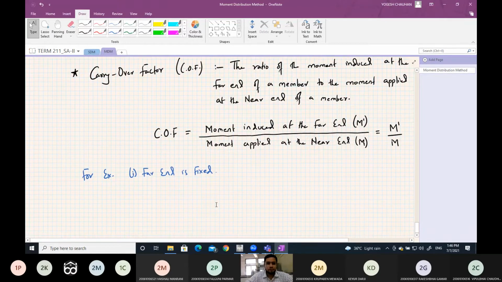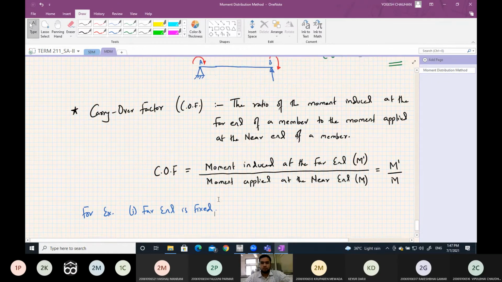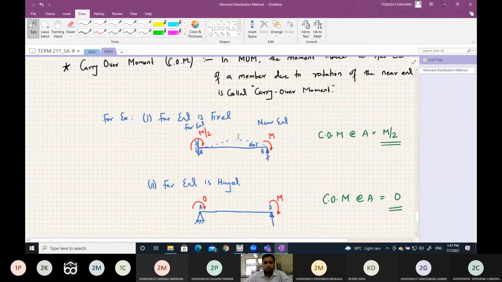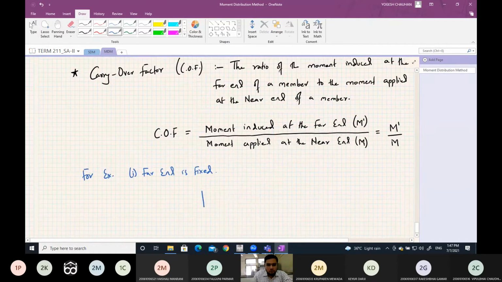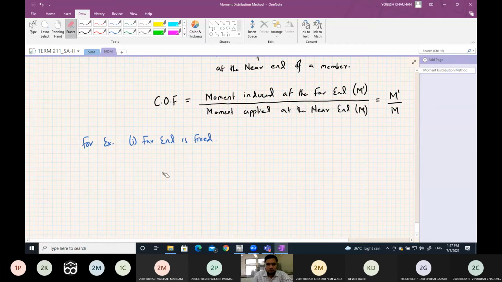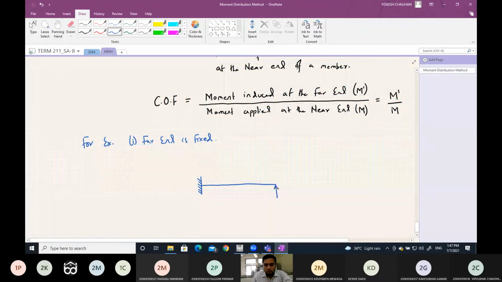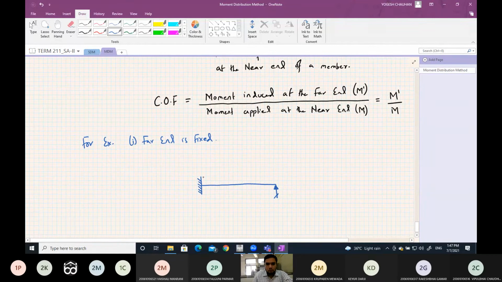So when far end is fixed, when moment M is applied at B, the moment induced at A is M dash, which is equal to M by 2.